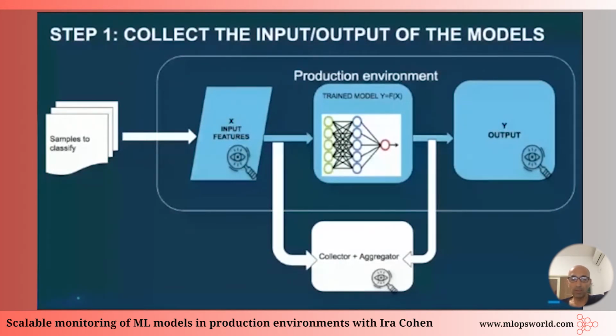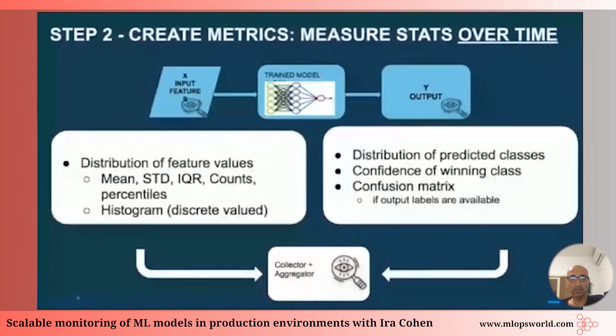Now, you don't necessarily want to look at each individual decision that the classifier makes, but you rather want to look at various distributions of its outputs and inputs. So if we're talking about input features, if they are discrete valued, you want to start creating histograms of the input features that came in. That should have some sort of steady behavior to it.